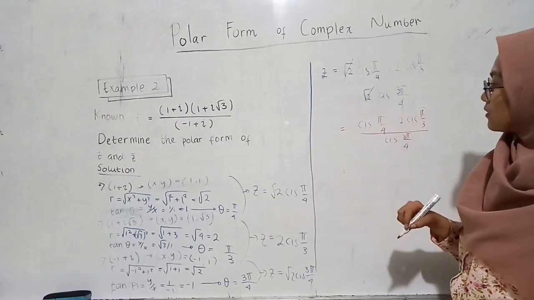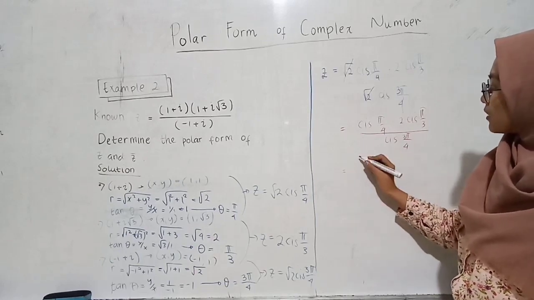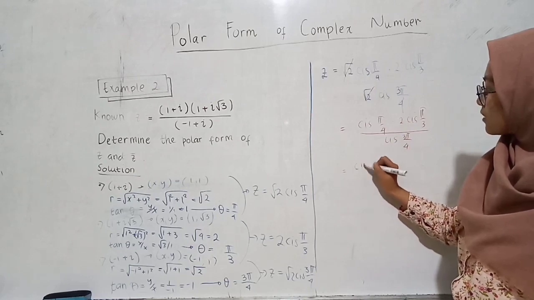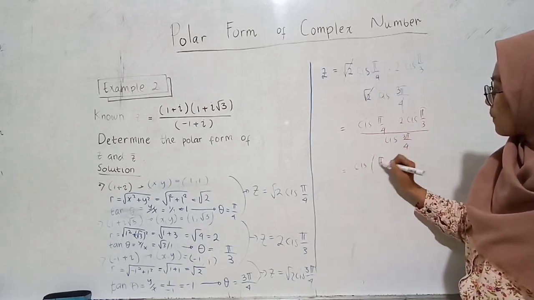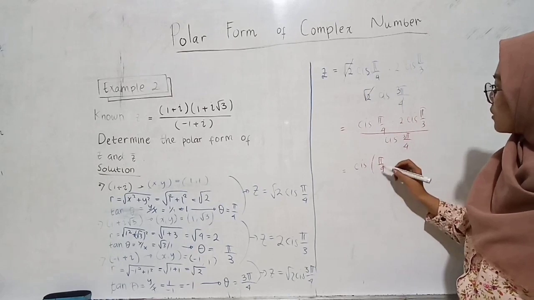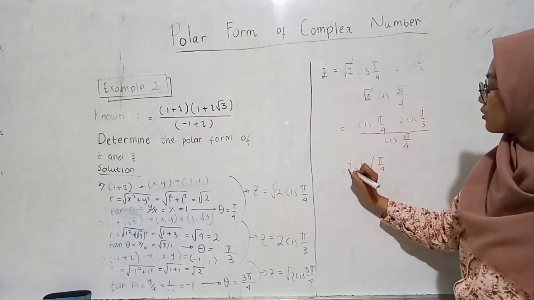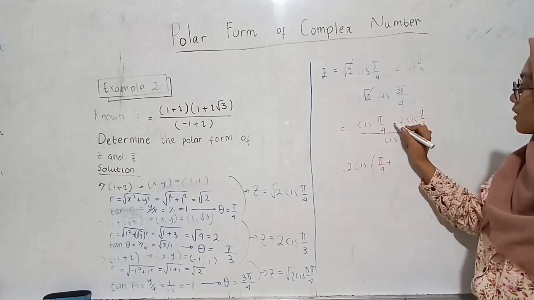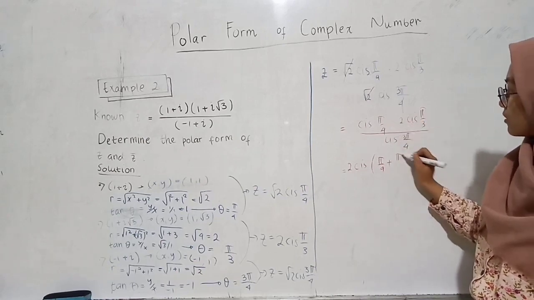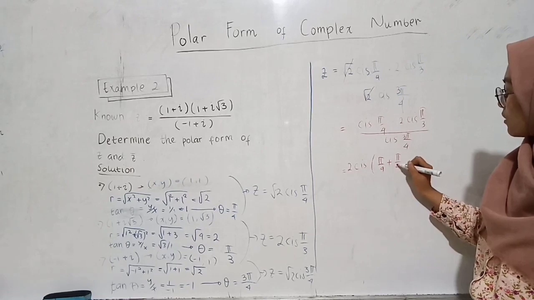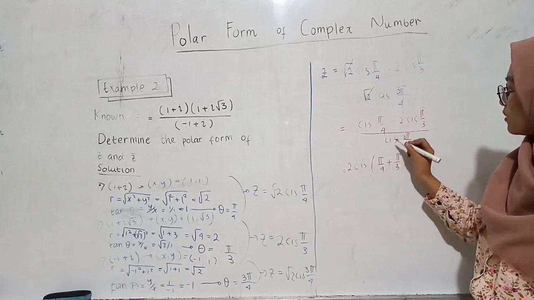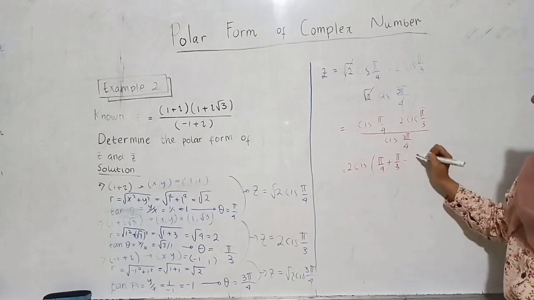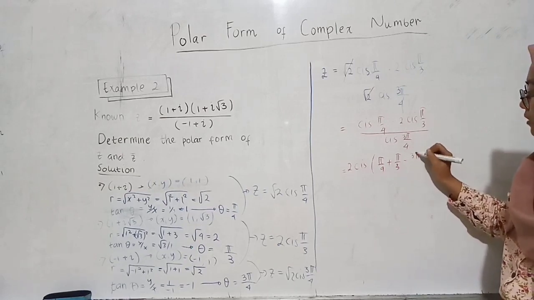So we got cis π over 4, and we put the 2 here, and we get plus here since this is multiplication, and since this is division, we have minus 3π over 4.